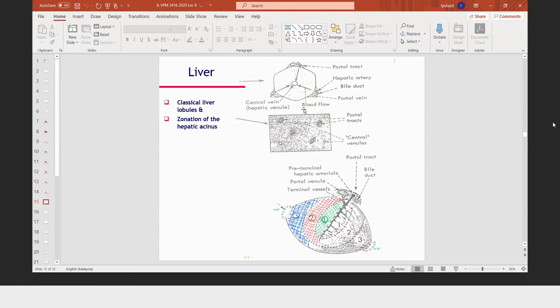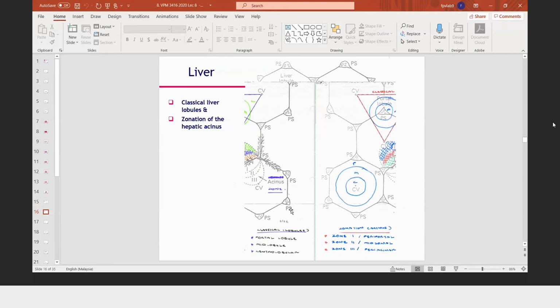In this case, you have the portal tract there, it goes to the side first, then only goes into the central vein. As a result, they created an area with zone 1, which is highly supplied by blood and oxygen as well as nutrients, followed by zone 2 and zone 3.